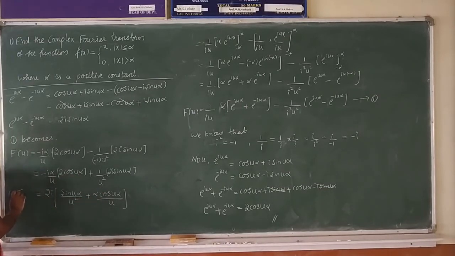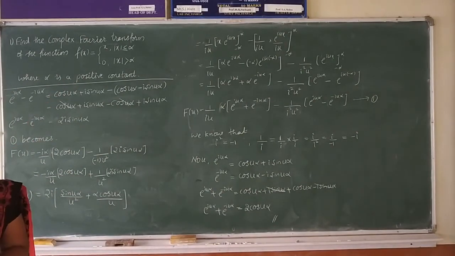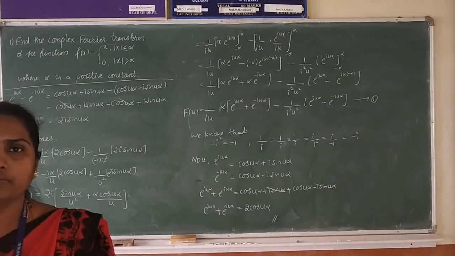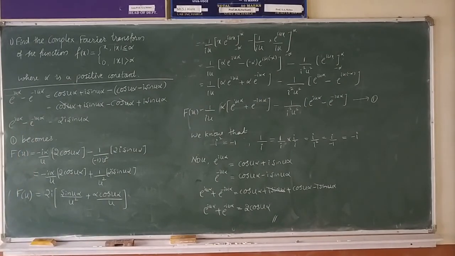This is nothing but our required Fourier transform for the function. By taking x, we have found the Fourier transform, and this is the required answer.